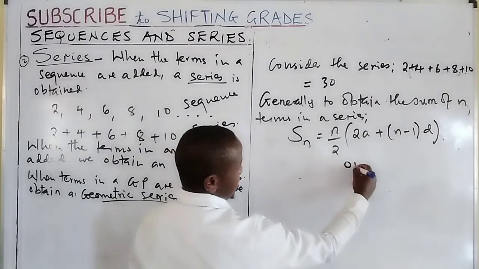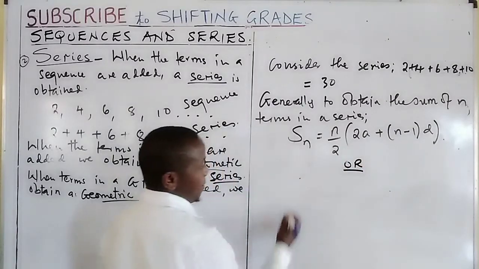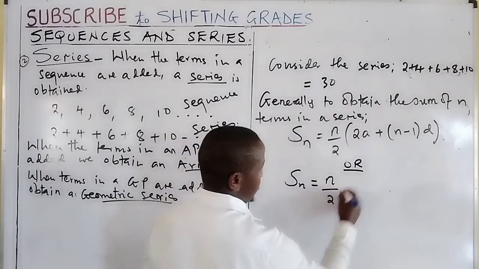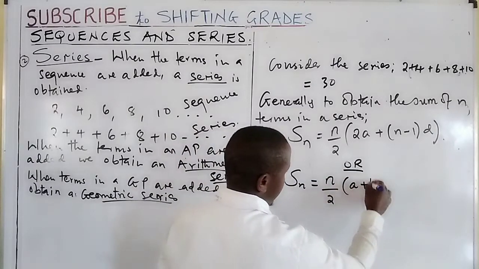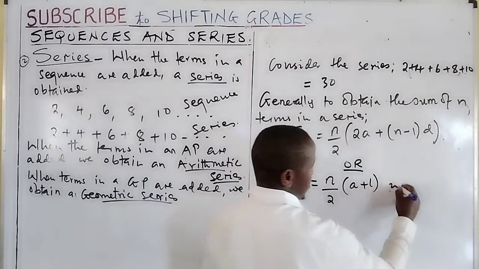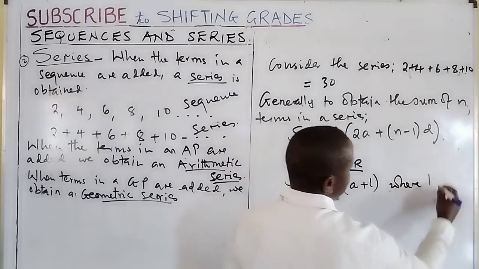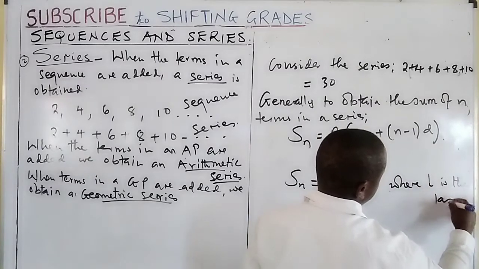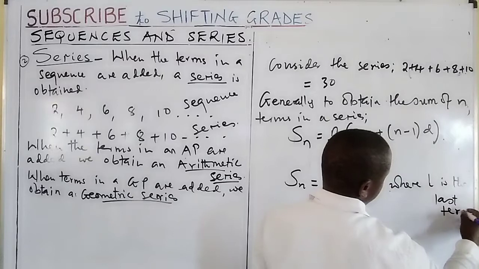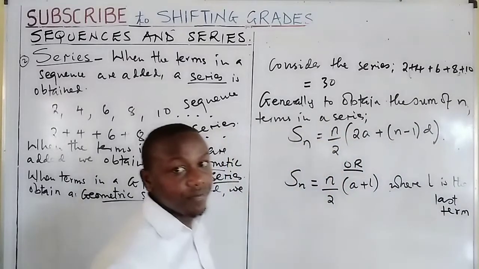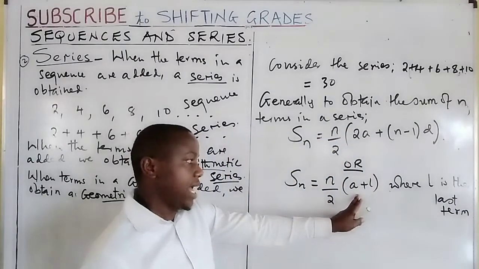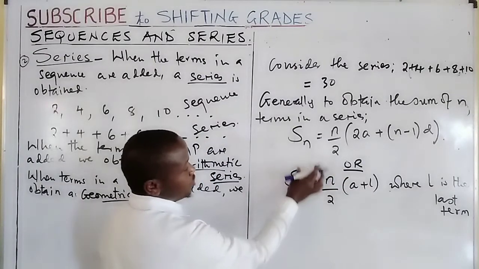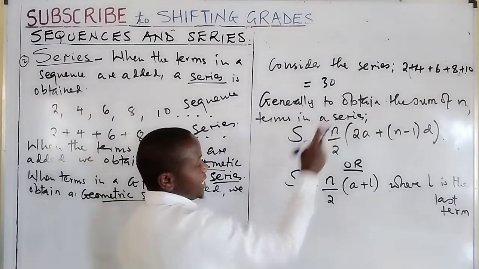We can also use another formula. The sum of n terms is equal to n divided by 2 into a plus l, where l is the last term and a the first term as usual, n the number of terms.